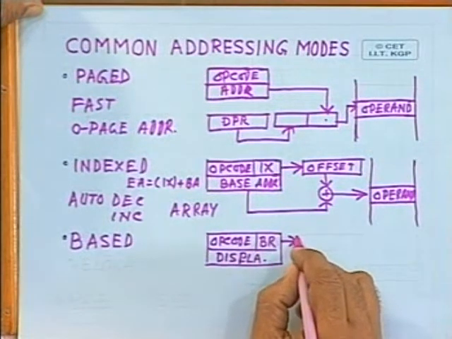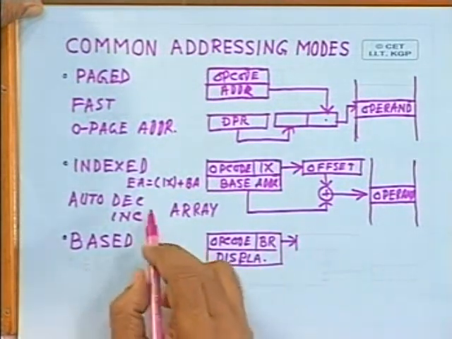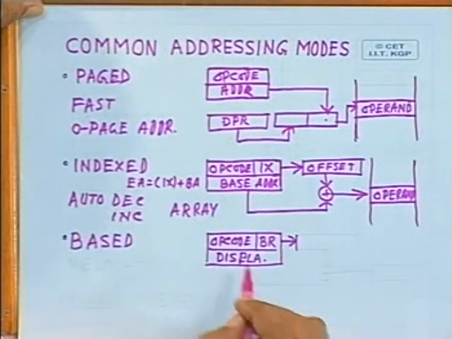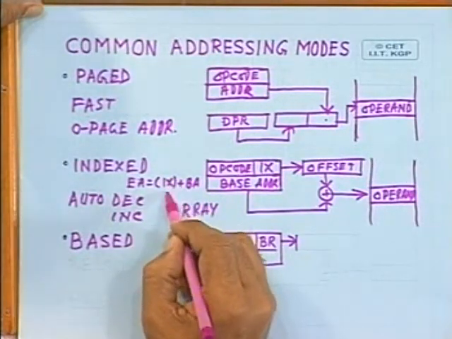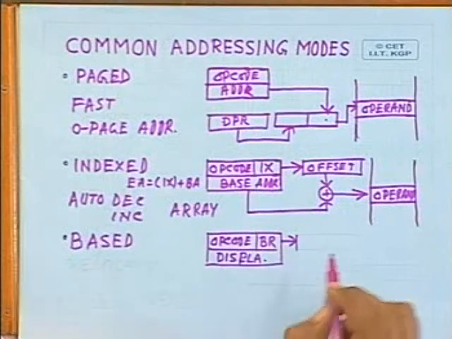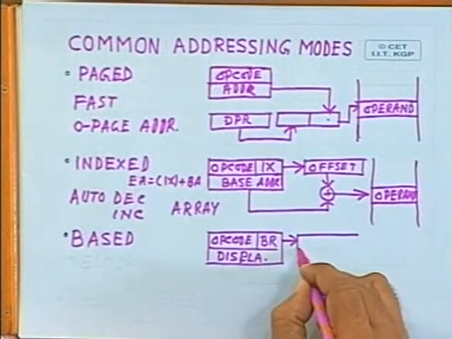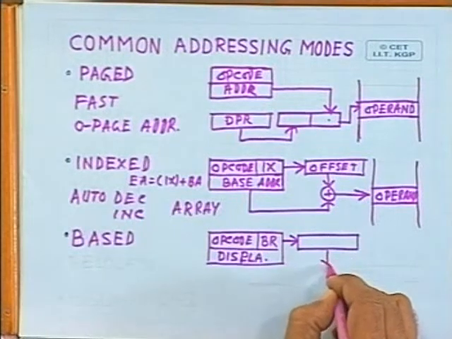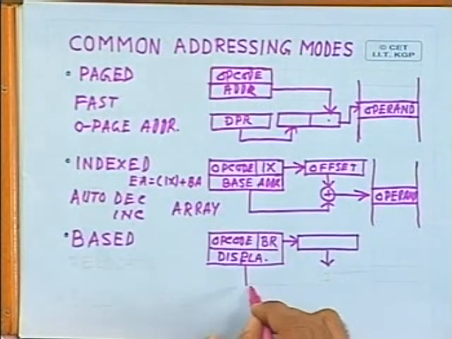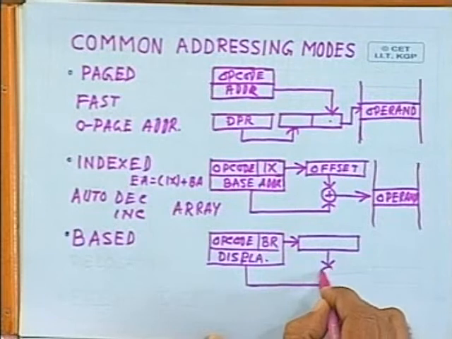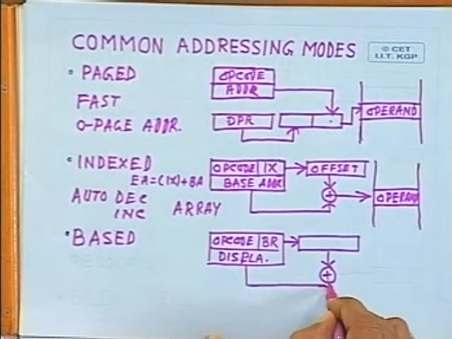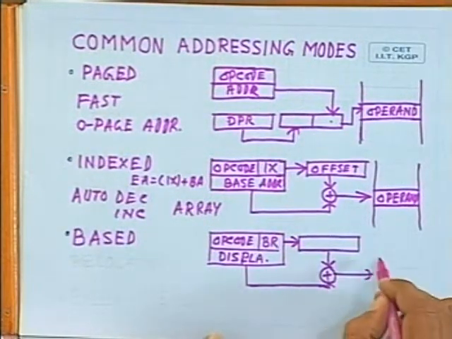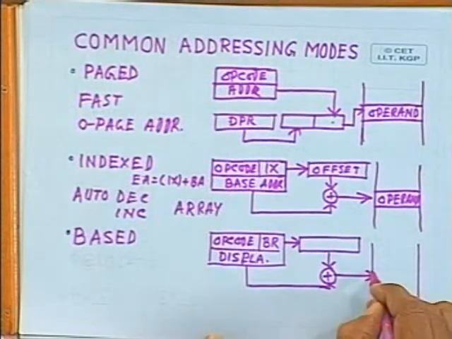The address generation is done more or less in the same way. The only difference is that instead of the index register, you use the base register. The content of the base register is added with the displacement to generate the address of the operand. Here is your operand.